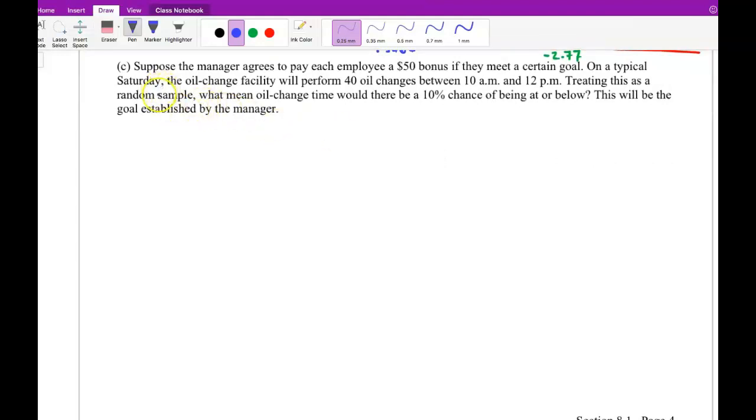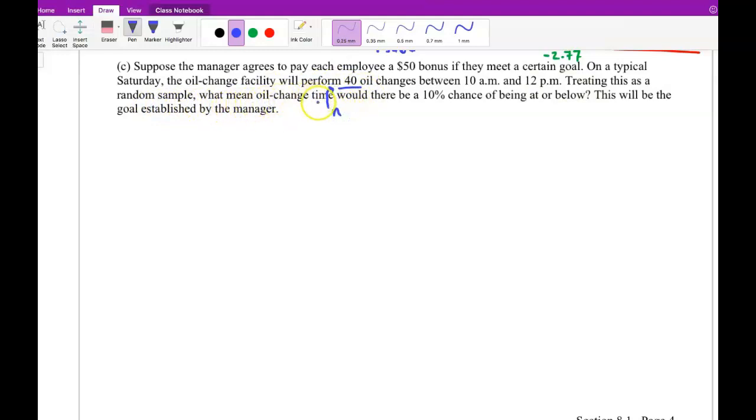Okay, now part C. Suppose the manager agrees to pay each employee a $50 bonus if they meet a certain goal. A typical salesperson at the oil change facility will perform 40 oil changes between 10 a.m. and 12 p.m., treating this as a random sample.